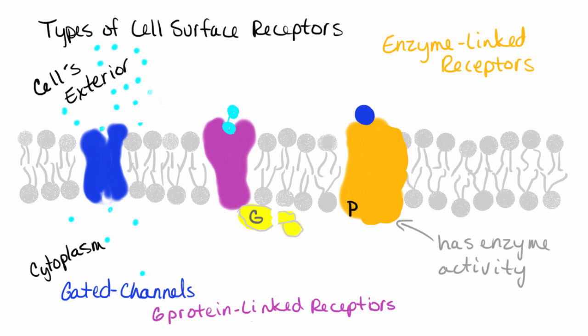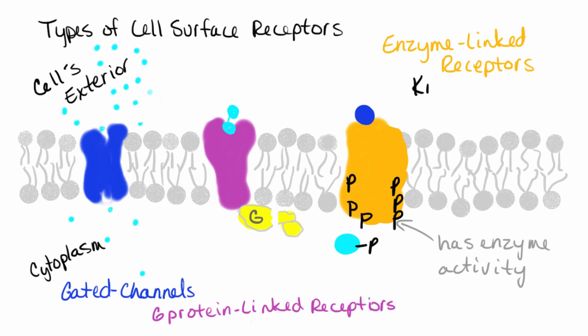So there may be some phosphates down here, and as soon as we activate this portion, it's going to be able to take those phosphates and maybe attach them to some neighboring molecule right here, so that this molecule, which previously was not phosphorylated, now has the phosphate on there.